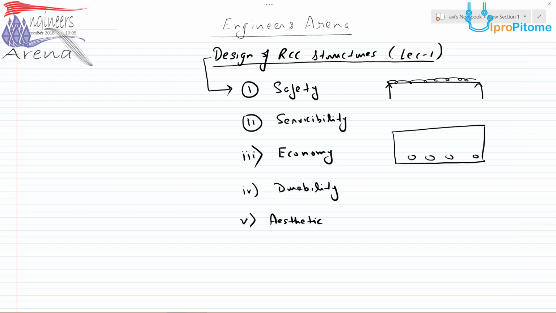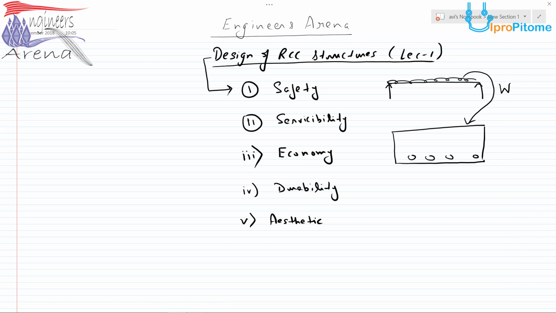So why do we design this beam to take this load? Suppose this load is W, anything. Now we want our structure to be safe for this load. We also consider some factor of safety, that will come later on.